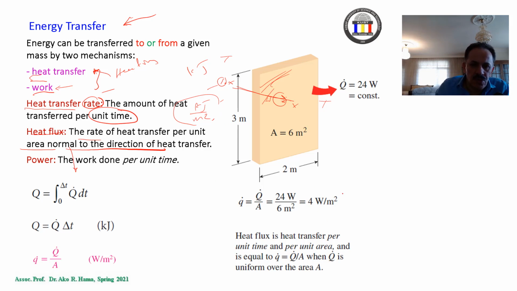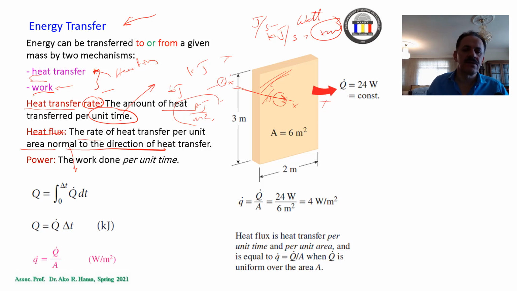Now, kilojoule per unit of time, look at this one. If I have joule per second, that's watt. So kilojoule per second will be kilowatt. So kilowatt is the rate. It means that when I say the transfer rate, it means how much heat, measured by kilojoule, per unit time, meaning per second.